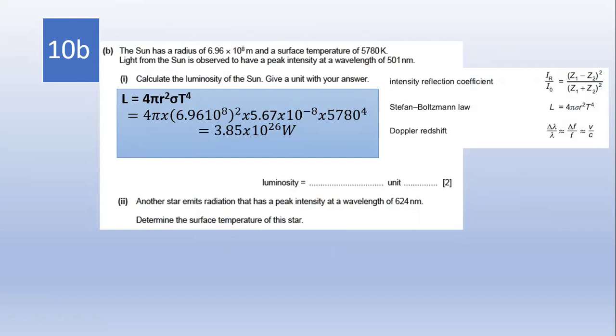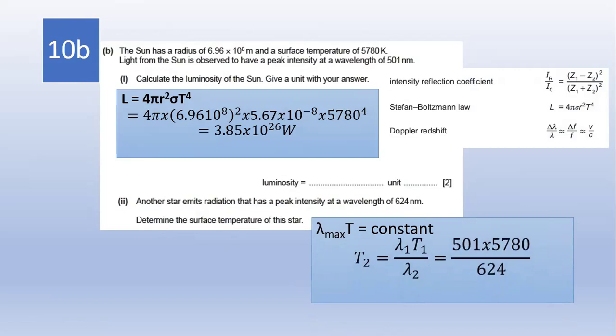Lambda max times T equals constant. Absolute temperature times wavelength is constant. Call this one T2 with lambda 2, and substitute in the values.